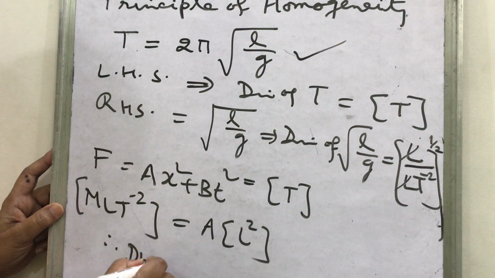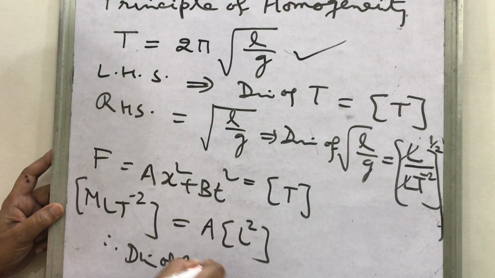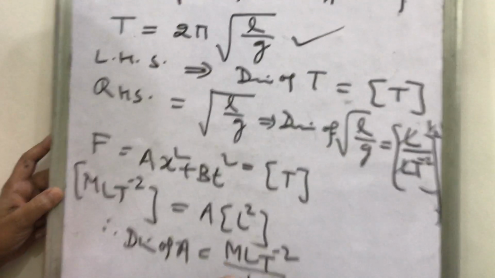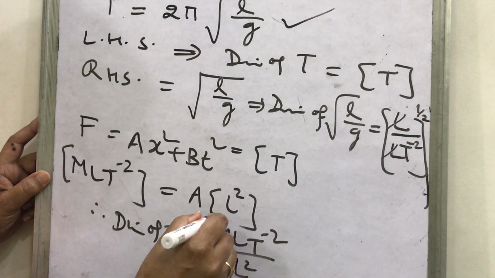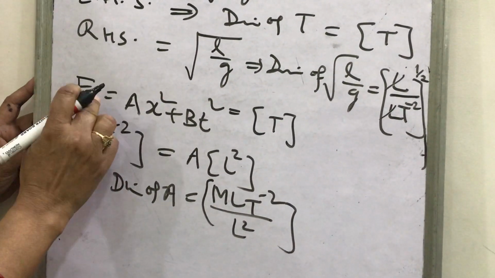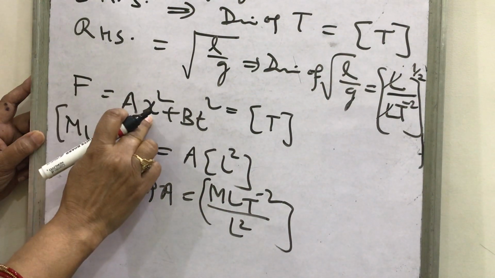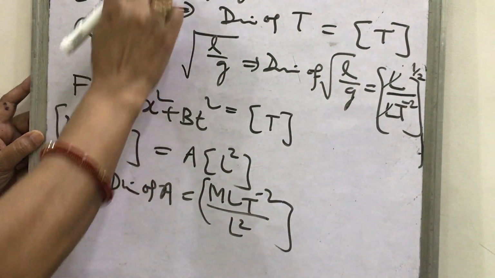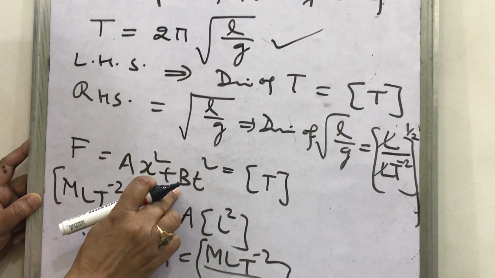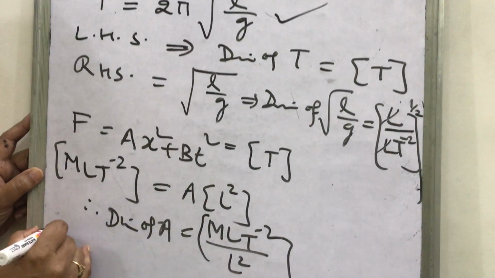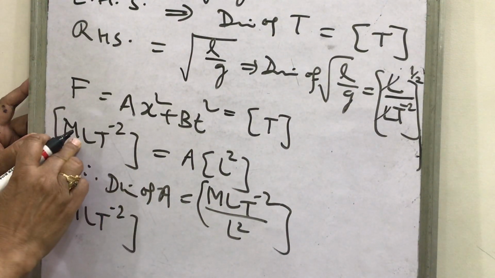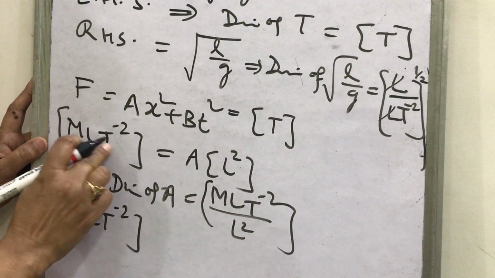Therefore, how will you find the dimensions of a? MLT minus 2 upon L square. So you will get the dimensions of a. Similarly, using the principle of homogeneity, dimension of F equals dimension of ax square, and dimension of F will also equal dimension of bt square. So you can write here that dimension of F is MLT minus 2, kilogram meter per second square.